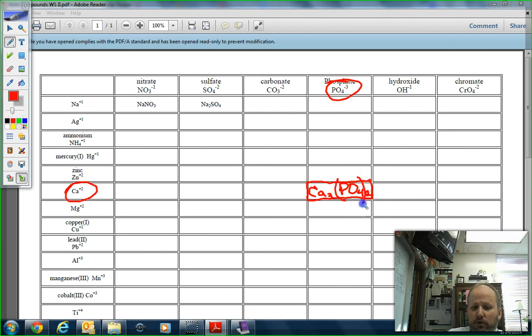I have to put parentheses around that PO4 and then say 2. Ca3(PO4)2. That is the answer, and the parentheses are required because we have more than one polyatomic ion.